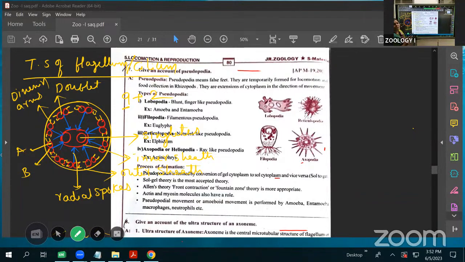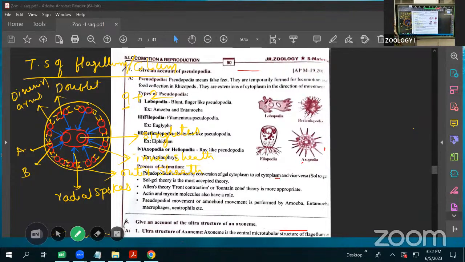Some questions are left: prevention is better than cure, and adolescence, addiction and dependence. Three questions are left, but I'll take all the important SAQs in the next class. Tomorrow's class, we start with the sixth lesson SAQs.